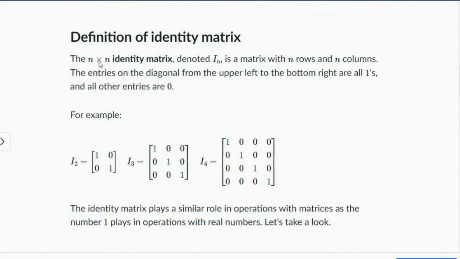An n by n identity matrix, n can be whatever size, and notice it's always the same size. If n is 2, it's a 2 by 2. If n is 4, it's a 4 by 4. If n is 1, it's a 1 by 1. So n is the same number. So you can just put I3 to mean a 3 by 3.